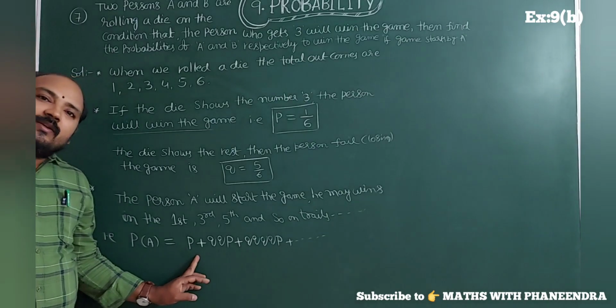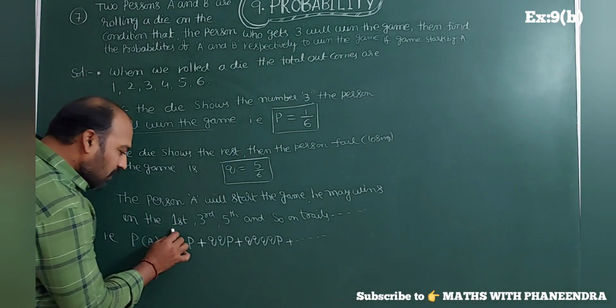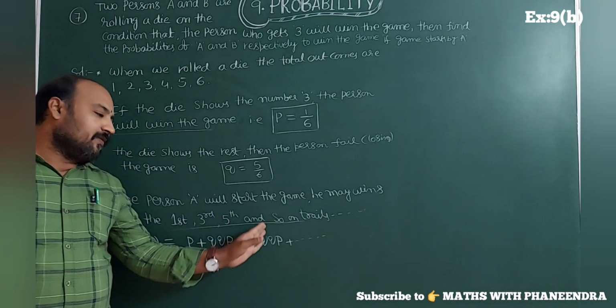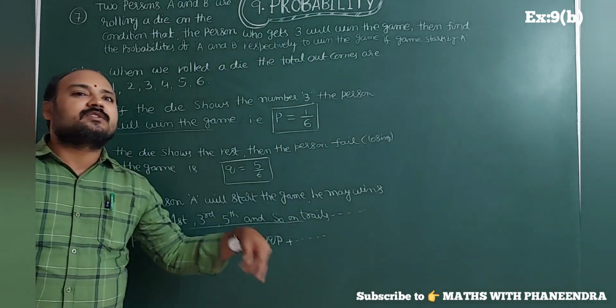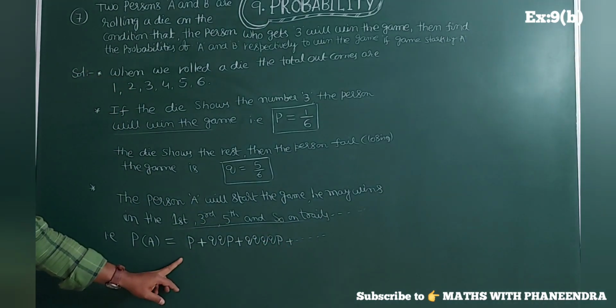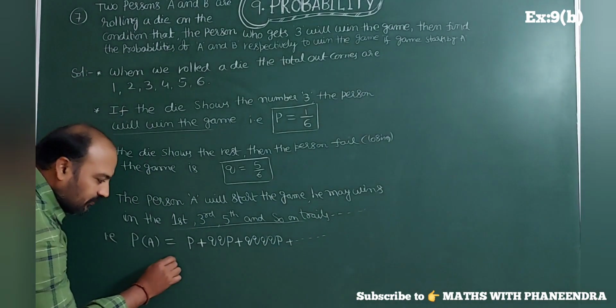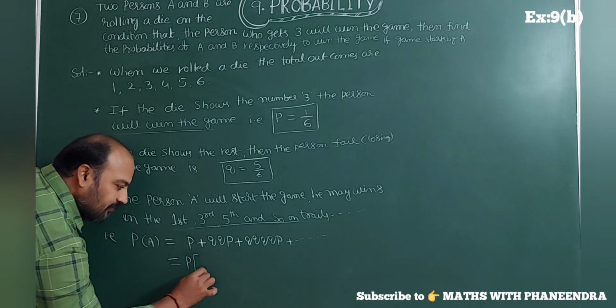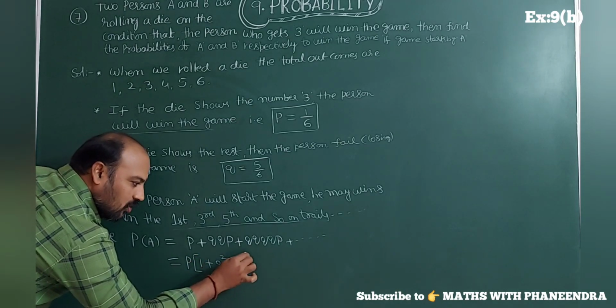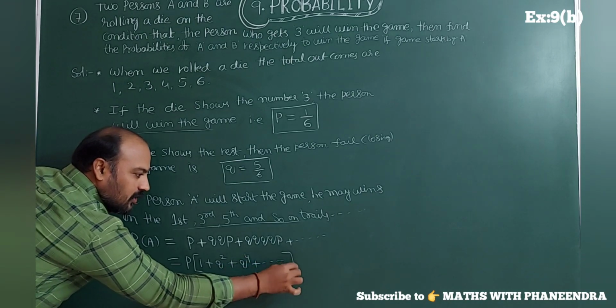Like this P. So you remember, this is a very important step. First, third, fifth trials and so on, 7th trial, he is going to win the game. Like this. In this, P I am taking common: 1 plus Q square plus Q power 4 plus and so on.